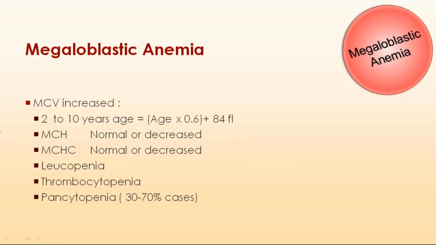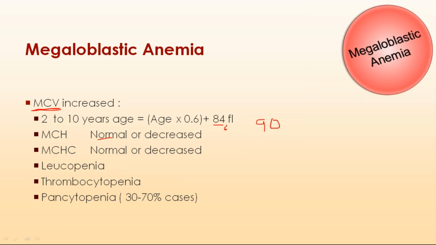Now, in megaloblastic anemia, how do you know the mean corpuscular volume has increased? Between the ages of 2 to 10 years, the formula is age into 0.6 plus 84. So if it's 10 years, 10 into 0.6 is 6, so 84 plus 6 is 90.